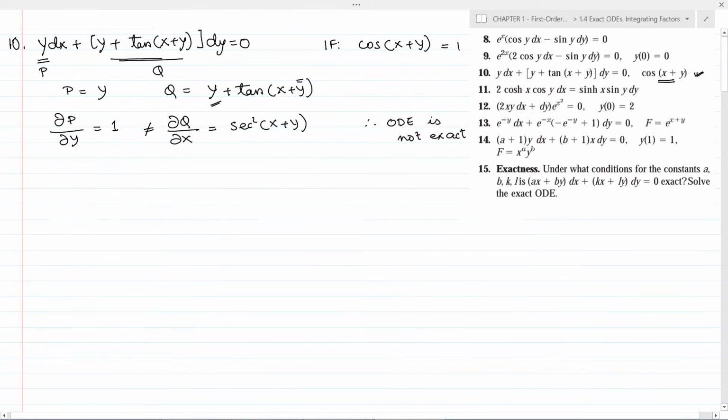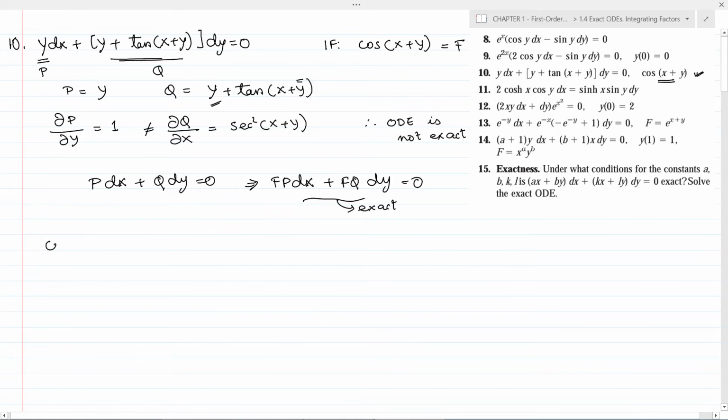Let us take this integrating factor as f. The ordinary differential equation that has been given is of the form p dx plus q dy equal to 0. When we multiply f on both sides, we get fp dx plus fq dy equal to 0. After multiplying the integrating factor, this is an exact differential equation as per the definition of the integrating factor. So, let us multiply the integrating factor with the given ODE.